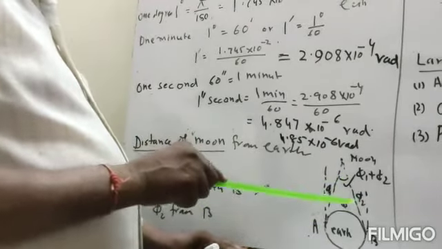First we have phi 1 from the point A, then we find phi 2 when the laboratory is at point B. So the total angle will be equal to phi 1 plus phi 2. This angle is known. And the distance between A and B will be the diameter of the earth, which is also known.